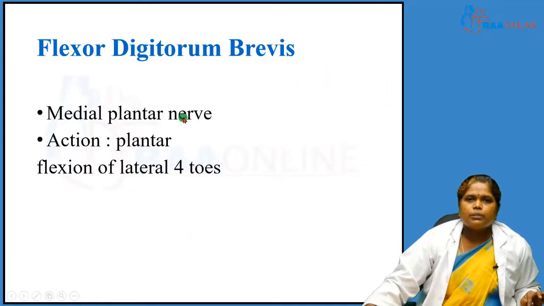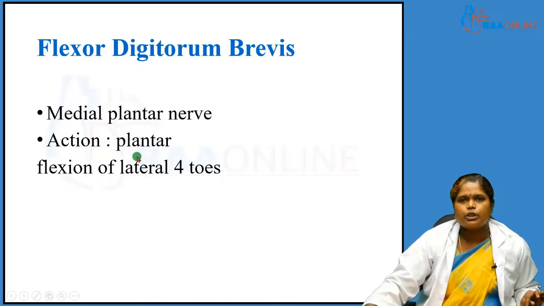This is the proximal, middle and distal phalanx. Flexor Digitorum Brevis is supplied by the medial plantar nerve, and it produces plantar flexion of the lateral four toes. That is the action of Flexor Digitorum Brevis.